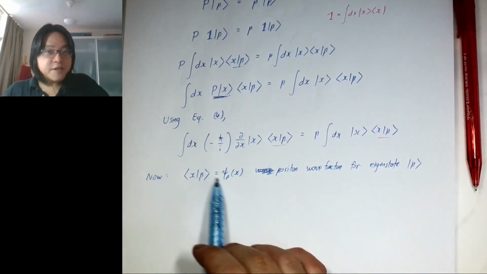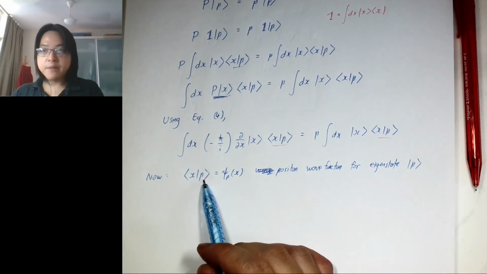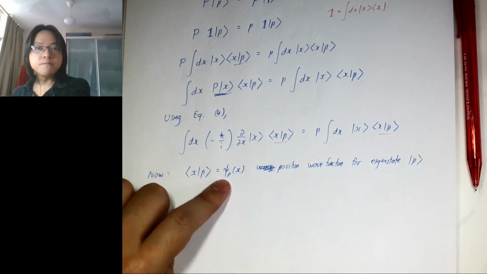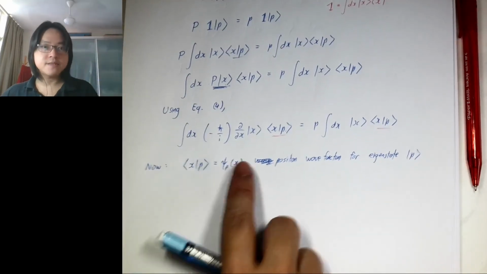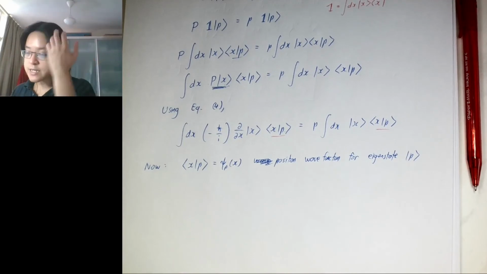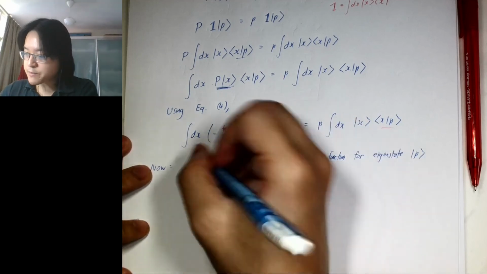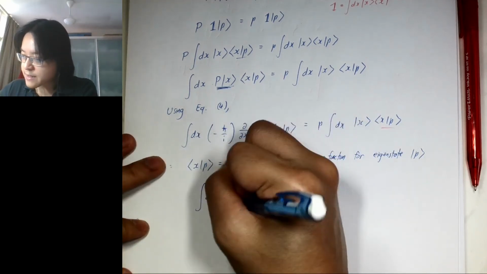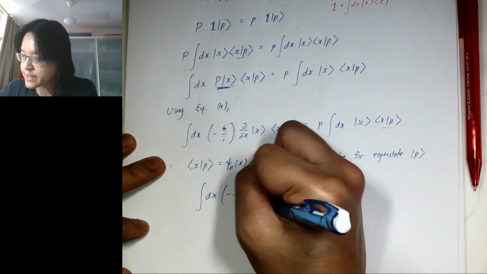This is the definition of the position wave function. I got a state, I don't know what this is yet, but what I do know is that if I close this with <x|, I will get the position wave function. That is how we define the coefficients of my basis. So what is happening here is I got the integral dx, and then this is h bar over i, and then I am operating a derivative.